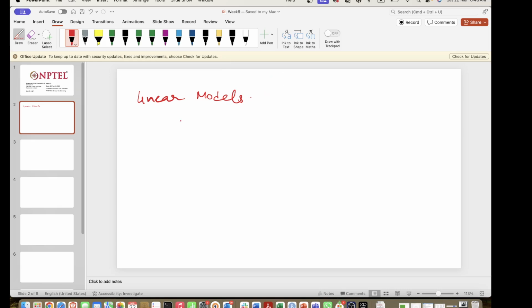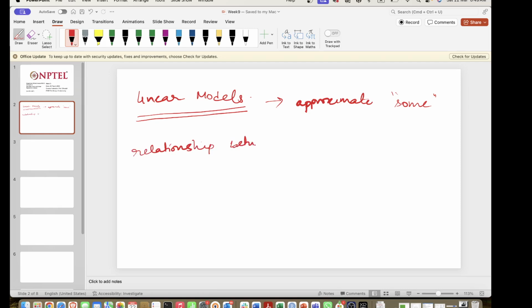Okay, which is an important part in the sense that, let's say, with linear models we will be able to approximate the relationship between two variables x and y.